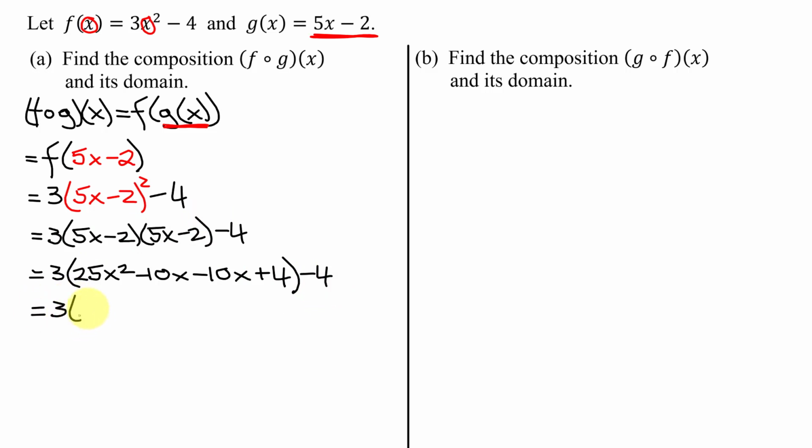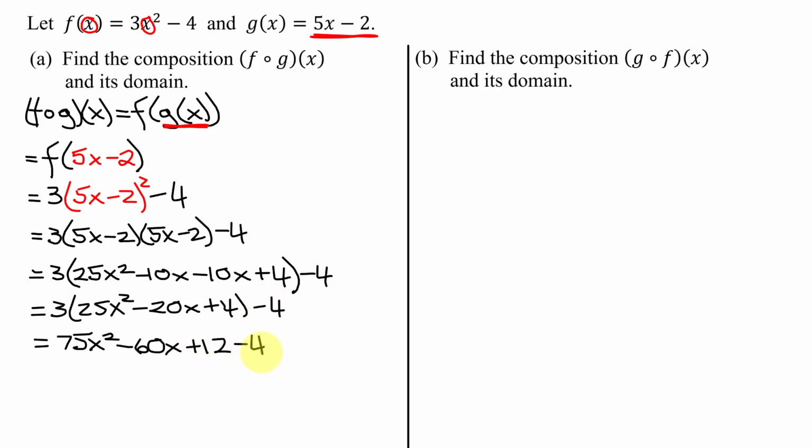Collecting up like terms, I have 25x squared. Negative 10x and negative 10x is negative 20x plus 4 minus 4. Distributing in the 3, 3 times 25 is 75x squared. 3 times negative 20 is negative 60x. 3 times 4 is plus 12, and don't forget the minus 4.